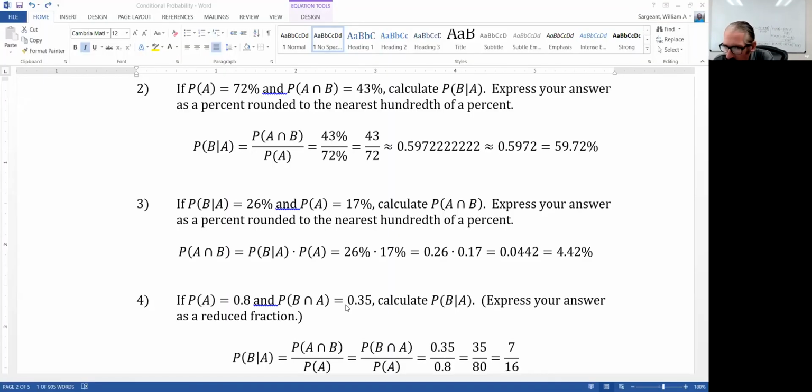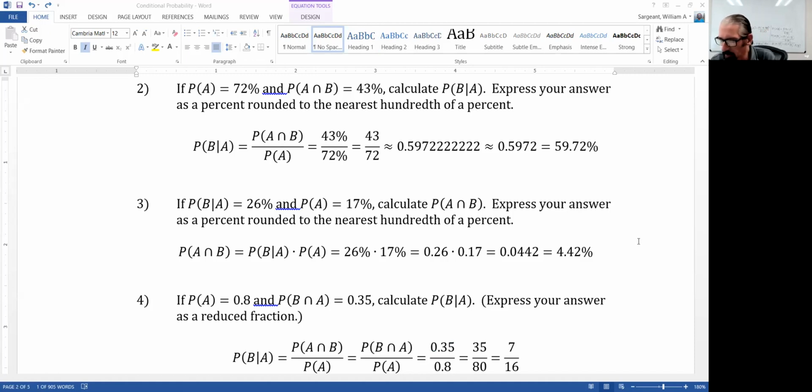It was requested that the answer be expressed as a reduced fraction. We don't want fractions inside of fractions or decimals inside of fractions, because 0.35 is the same as 35 hundredths. 0.8 is 8/10. You wouldn't want to say 35 hundredths over 8/10 and try to visualize what that stands for.